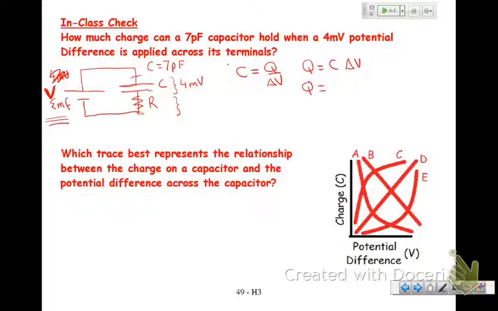So charge is equal to the capacitance, which is 7 times 10 to the minus 12, times voltage is 4 times 10 to the minus 3. So that's going to be equal to 28 times 10 to the minus 15.